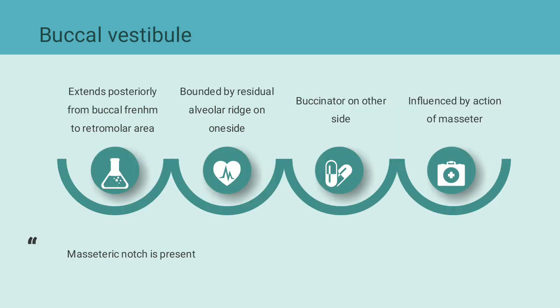Next, the buccal vestibule. It extends posteriorly from the buccal frenum to the retromolar area, the last region of the mandible, lying in the second molar and third molar area. It is bounded by the residual alveolar ridge on one side and the buccinator on the other side.